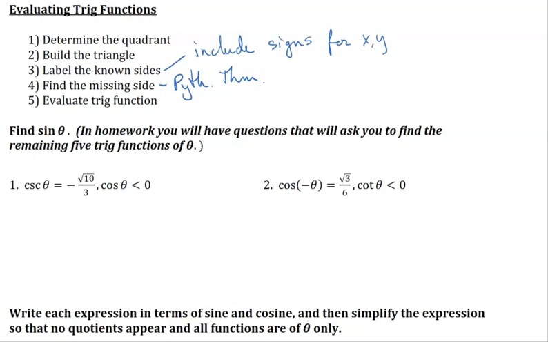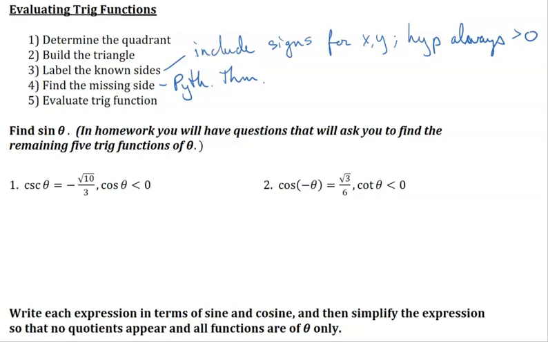If it's below the x-axis, it has a negative y value, okay? So keep those in mind. And also the hypotenuse is always positive. Always positive, greater than 0, okay?